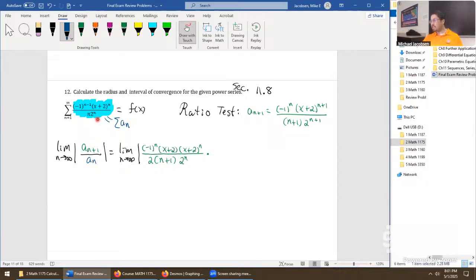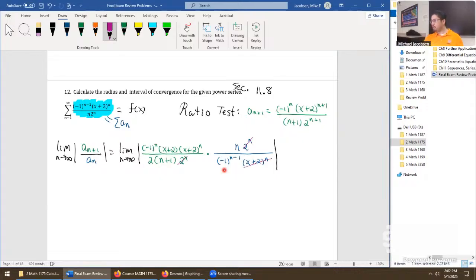Dividing by an is going to give us n times 2 power of n in the numerator, (-1) power n minus 1, (x plus 2) power of n. If you go very carefully, methodically with this, you're going to be on the right track because here are all the cancellations next. The exponential function 2 to the n is just gone.